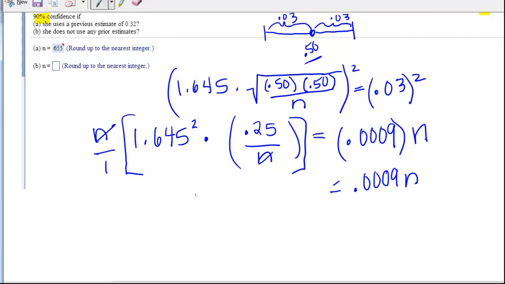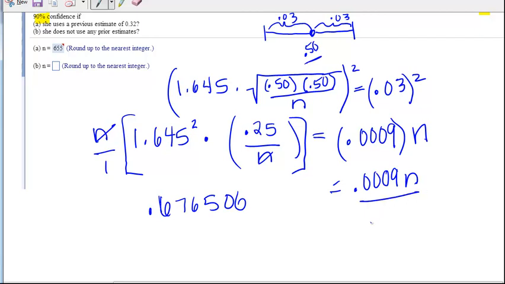Oh no, I did that wrong in my calculator, so hold on, let me do it again. 1.645, squaring that, and then multiplying it by the 0.25, and then I'm getting 0.67650.